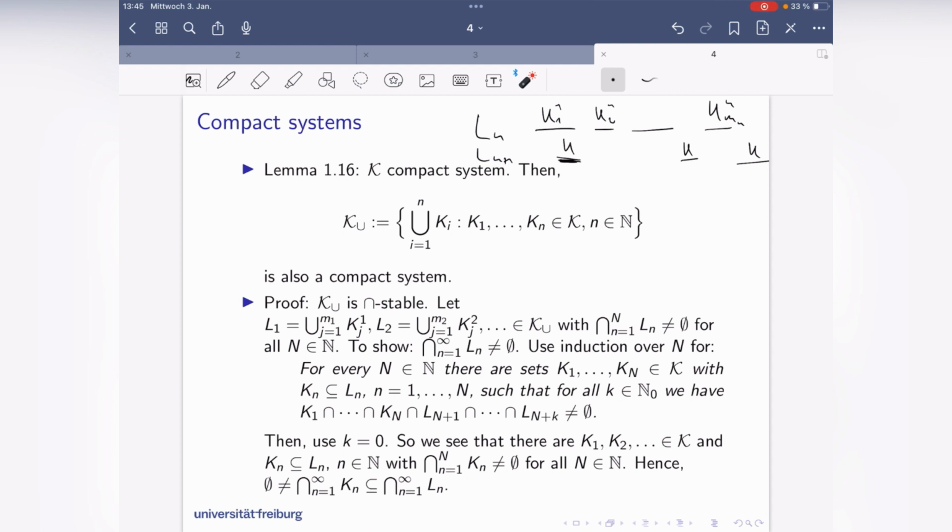Well, and if I have this, then I can just use the property of K being a compact system, which then means, since I have that for all n, I have that the first finitely many things are not the empty set, that then I also have that the intersection of all the Kn's are not the empty set, but of course these here are subsets of the intersection of the Ln's, and then I'm done in showing that K union here is also a compact system.